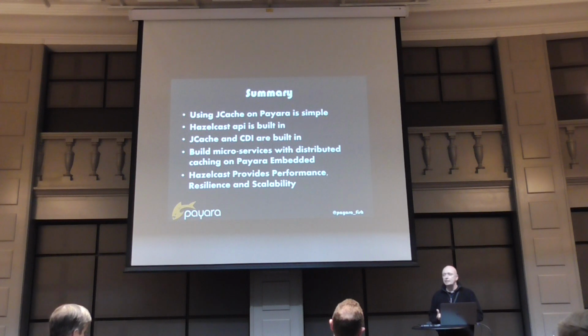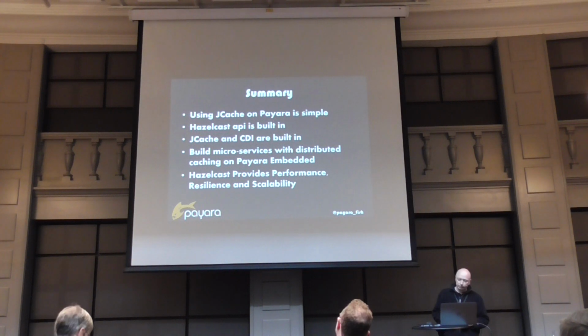On Payara, the Hazelcast API is built in, so Payara comes with Hazelcast. You can actually inject a Hazelcast instance, it's raw, or then use JCache if you want to use the CDI. And you can use the raw JSR 107 API as well. You can inject a cache manager as well.